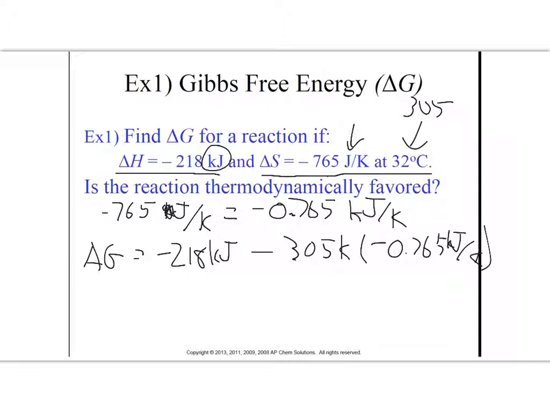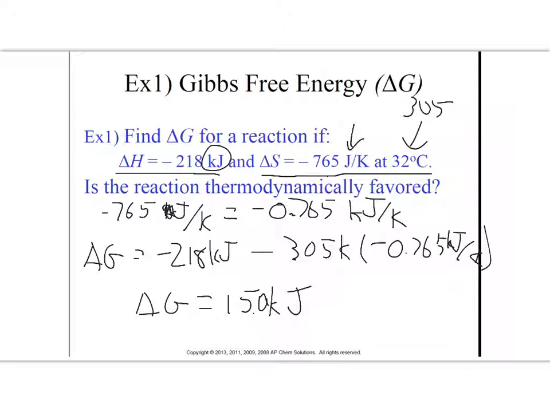Okay, now once you crunch out all the numbers, you end up with delta G equal to 15 kilojoules. And if you want to get all sig figs on me, 15.0.